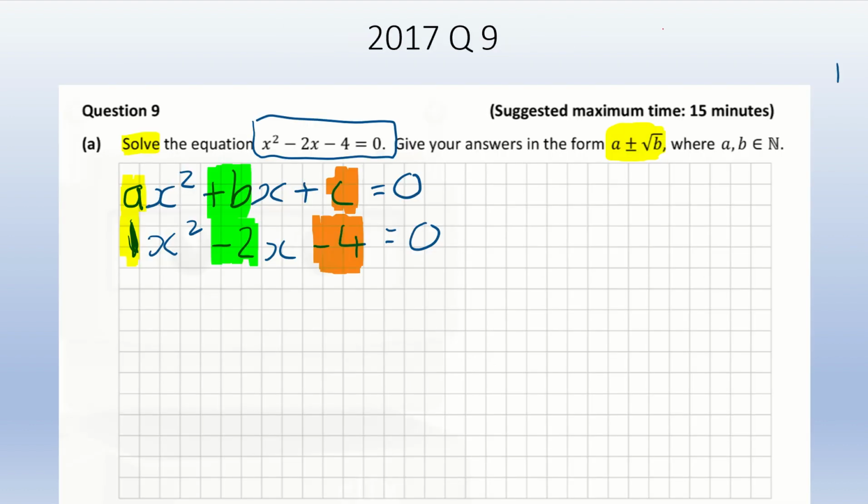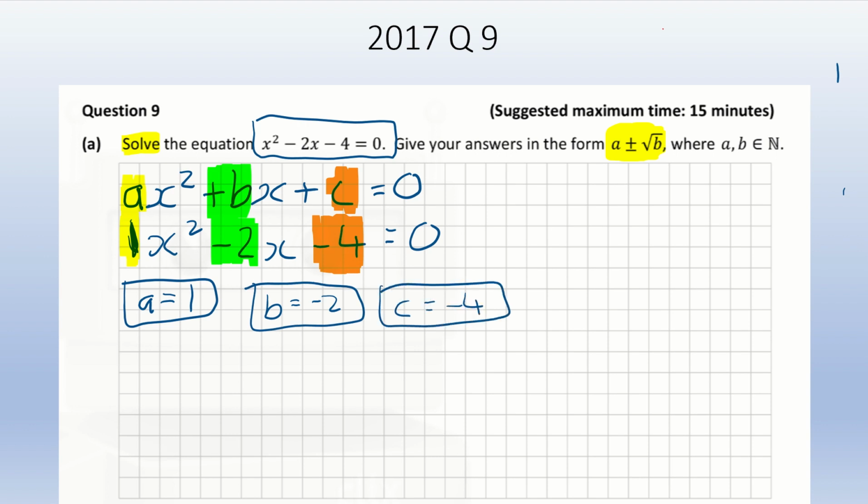So I'm just going to write that out a small bit neater, just so you can see exactly what's happening. I know that a is equal to 1. I know that b is equal to minus 2. And I know that c is equal to minus 4. Once you have those three things, all you have to do is substitute it into your formula and tidy it up.